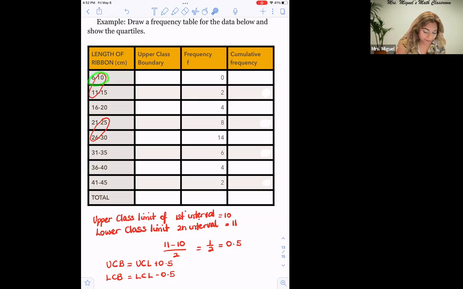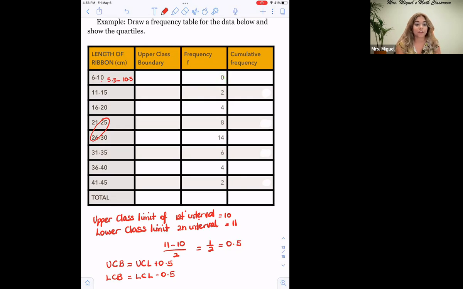So if I have 5.5, a length of ribbon, that's 5.5. There's no number here as 5.5, but we need to include that in our frequency data. So it means that the highest value that the length of ribbon could be to fall in that interval is 10.5, and the lowest value will be 5.5.